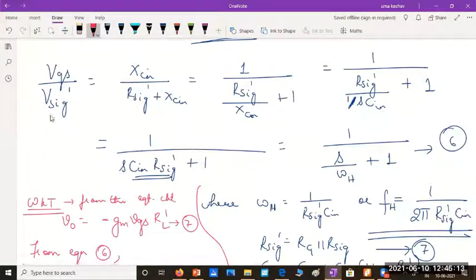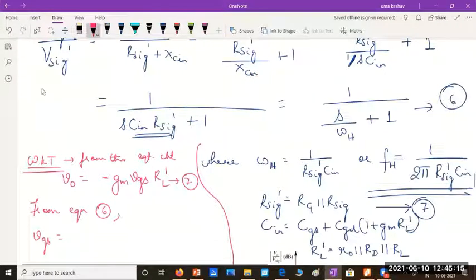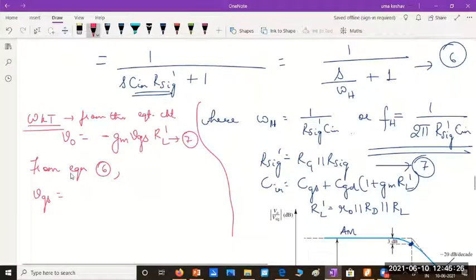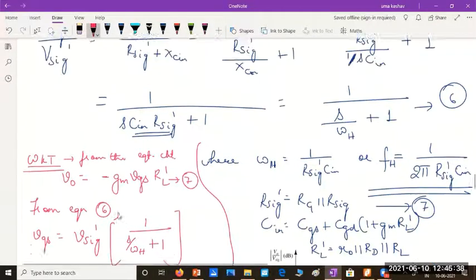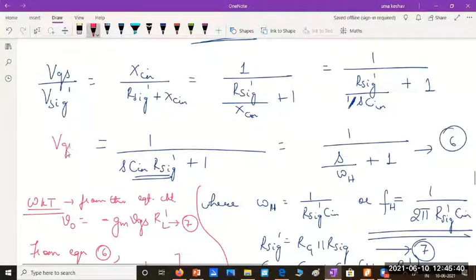If I want just VGS, what will I write it as? V sig dash into 1 by, what will I have? V sig dash into this value, 1 by S by omega H plus 1. Yes or no?